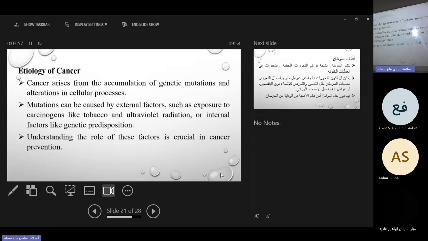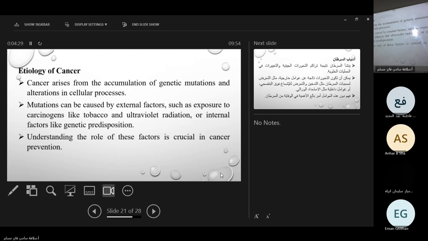Etiology, as we took it last time, is the science of the disease's causes. Accumulation is to pack up.